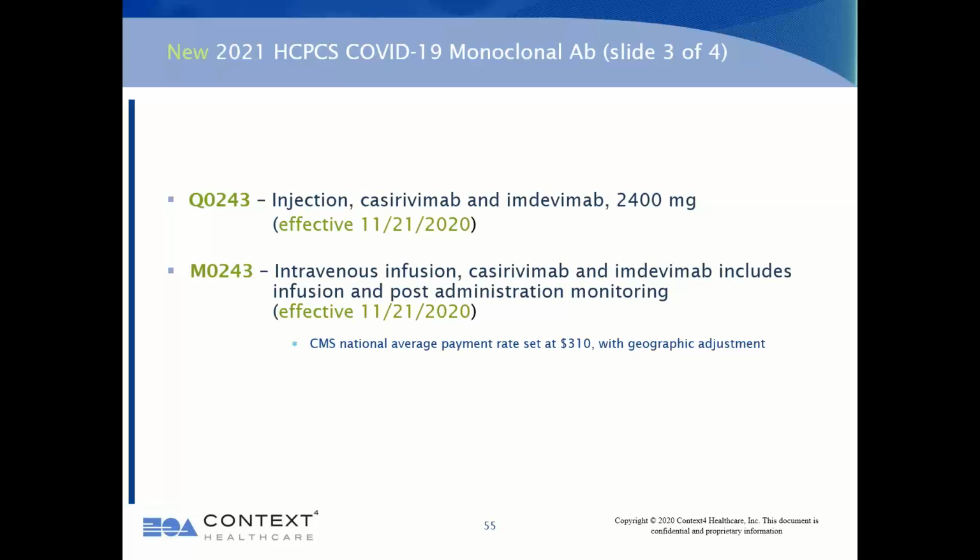Similarly, these drugs should not be used to treat inpatients, but instead, during the PHE, they are only approved to treat mild to moderate COVID-19 in adults and pediatric patients 12 years of age or older, weighing at least 40 kilograms with positive test results, who are at high risk of progressing to severe disease. Similarly, CMS national average payment rate for infusion of casirivimab plus imdevimab is also set at about $310, and the injection rate for these two drugs given together is also pending.